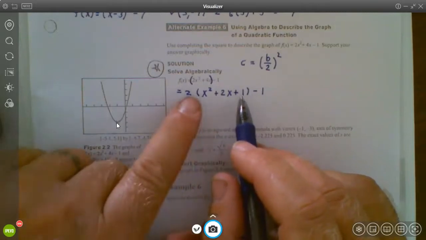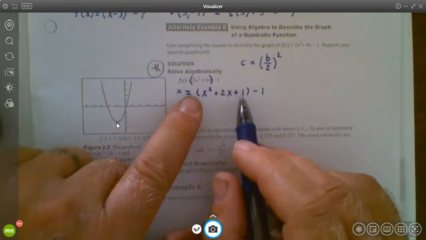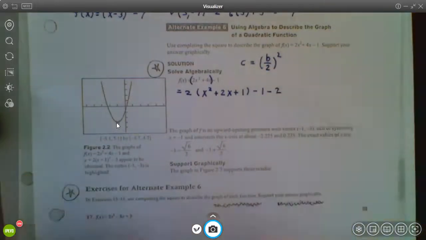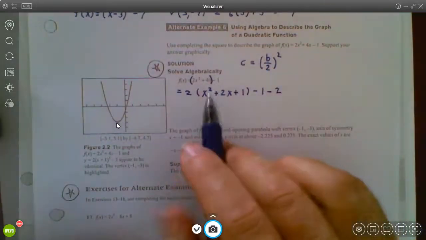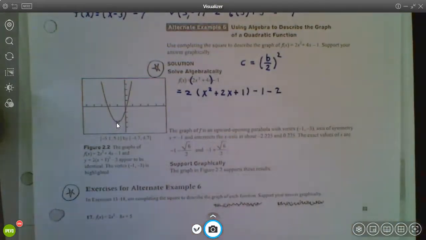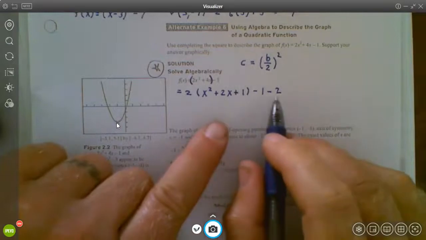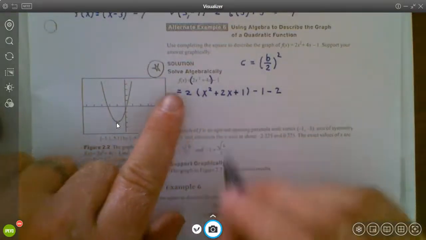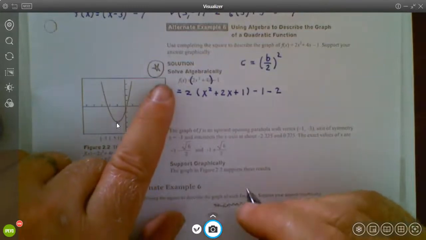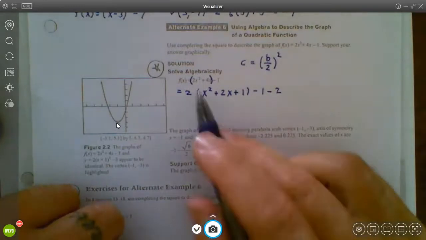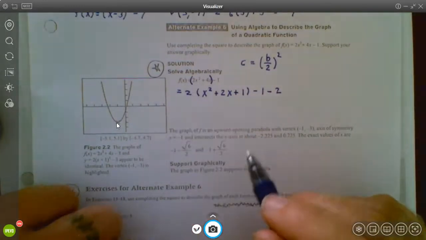So if I multiply those together, it tells me I just added 2 to this function, which means I'm also going to take away 2 in order to keep it balanced. I'm subtracting that 2 simply because it's on the same side of the equation. If I were to add 2 to the right side, I could also add 2 to the left side, but then I would need to subtract it over in order to get f of x by itself. So we can look at it either way.